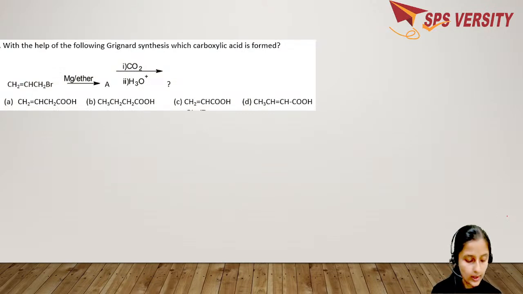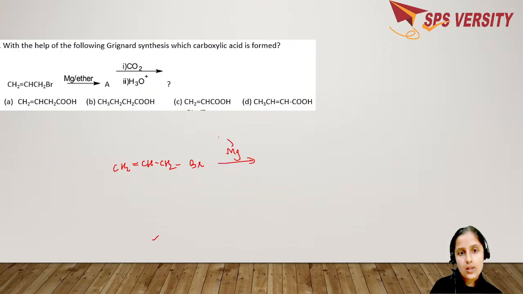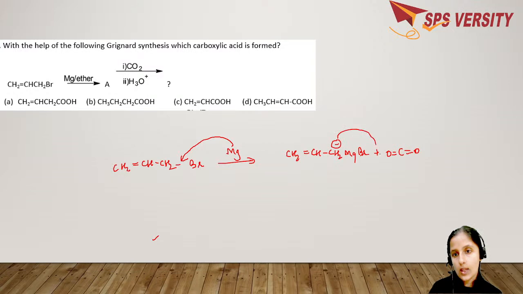With the help of the following Grignard reagent, which carboxylic acid is formed? CH2 double bond CH, CH2Br. When you treat it with magnesium in the presence of ether, this will go and sit in between. So you get CH2 double bond CH, CH2MgBr. When it is treated with carbon dioxide, this is the negative part which will come and attack over here. So this will shift here.